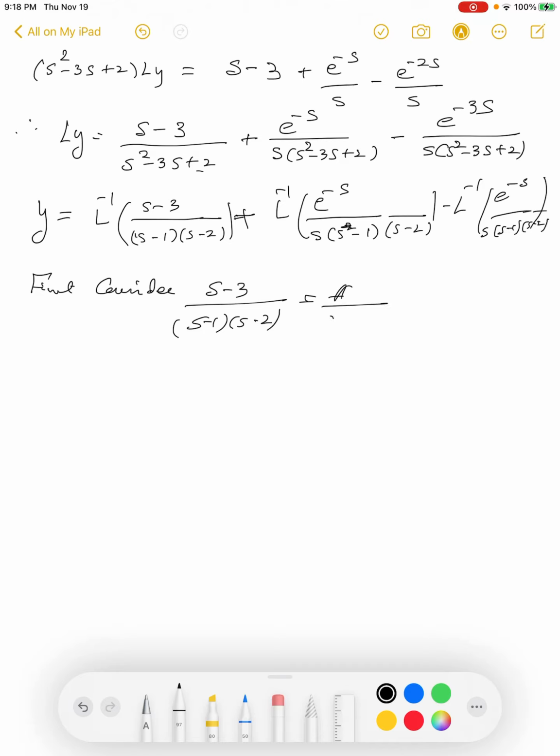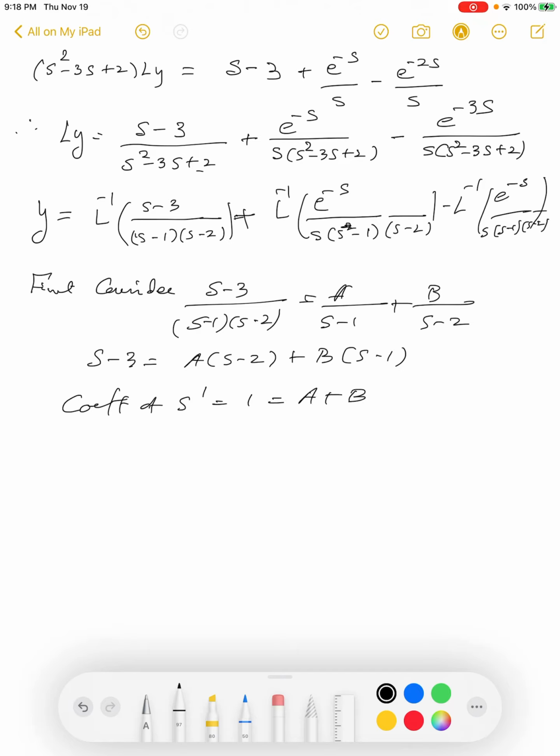So this is a divided by s minus 1 plus b divided by s minus 2. So s minus 3 will be a times s minus 2 plus b times s minus 1. So the coefficient of s to the 1 is 1 on the left side and is a plus b on the right.